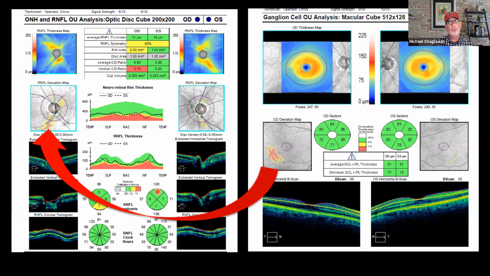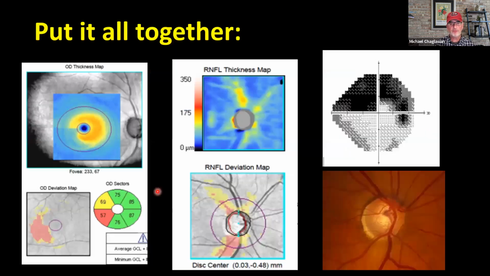So again, look at your report, consider your instrument. For those of you that are using a TopCon device, they do the 9 by 12 millimeter scan, including the optic nerve and macular region all in one scan, and yet they don't fully show you those two scans together. But we'll take a look at those reports coming up in a little bit.